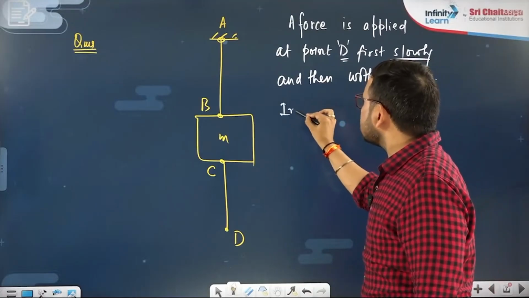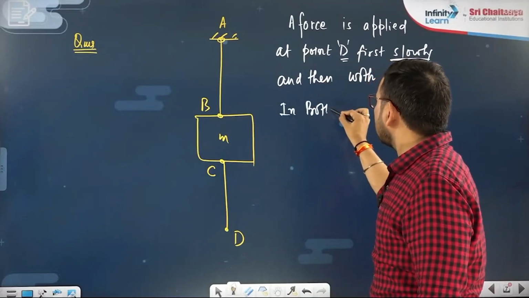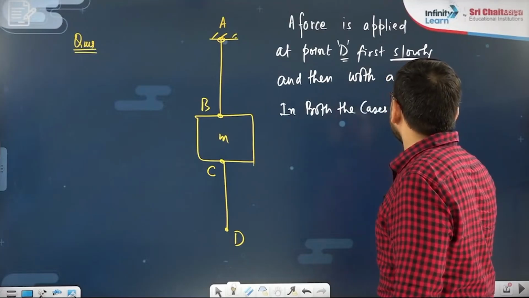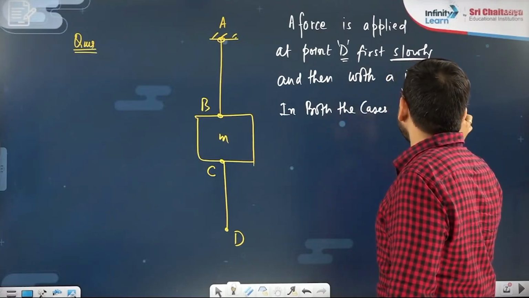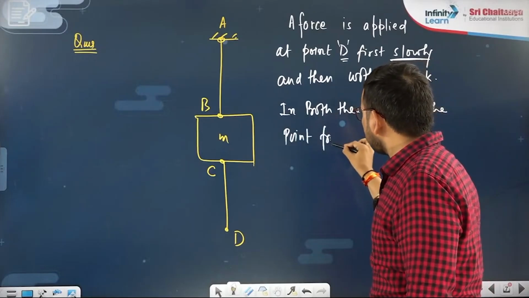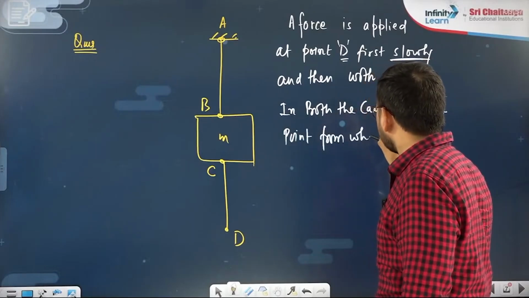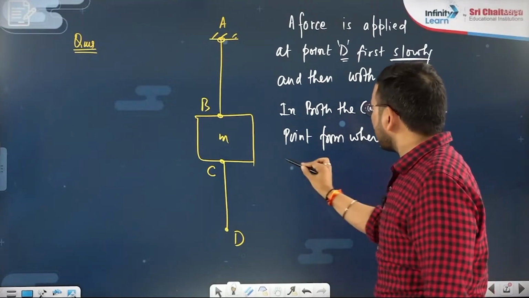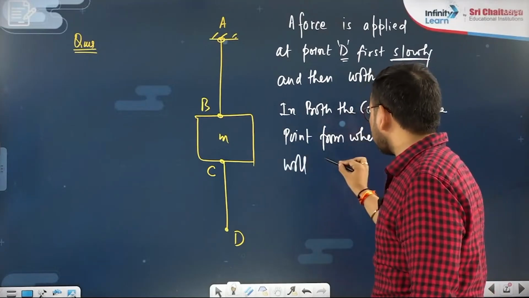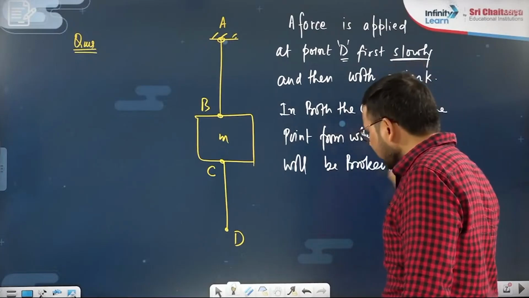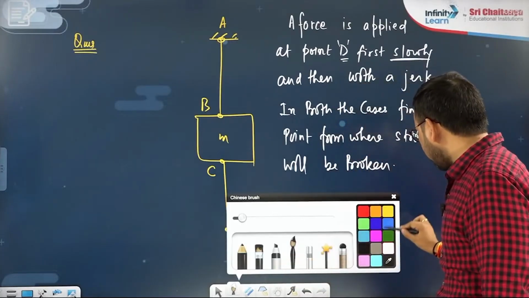In both the cases, find the point from where the string will be broken or may be broken. Okay, I'm elaborating this question. I want you to answer it right.